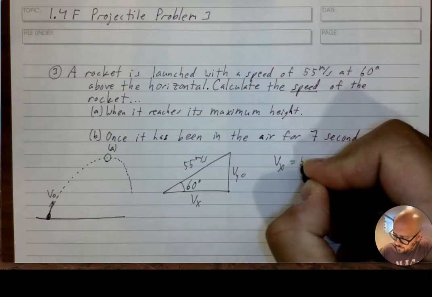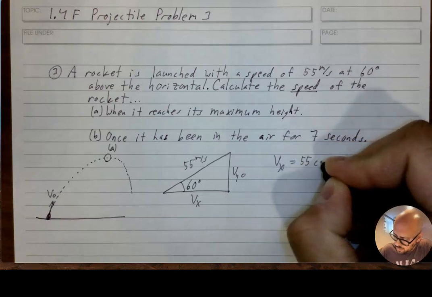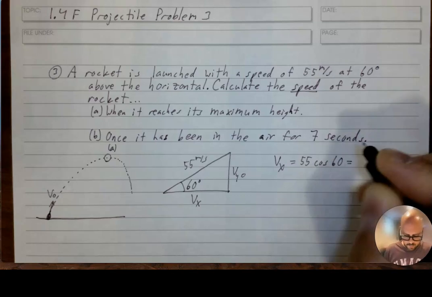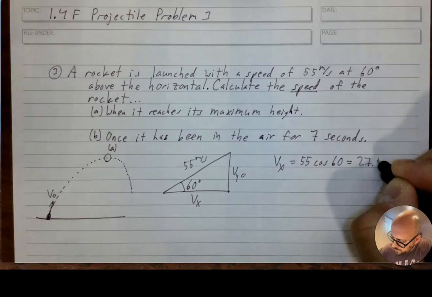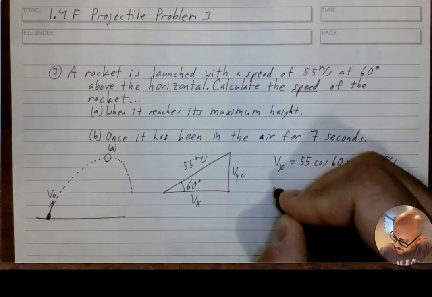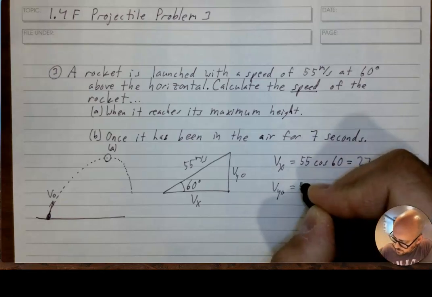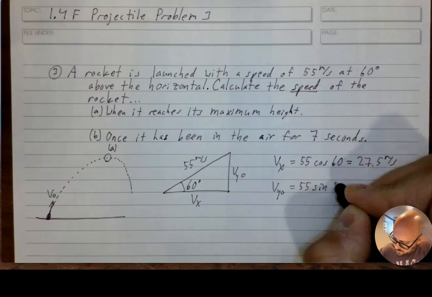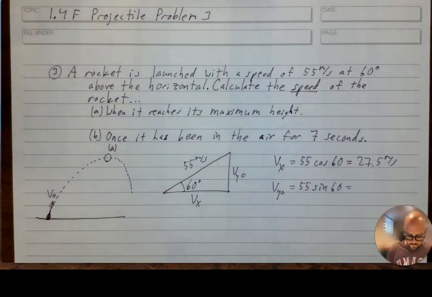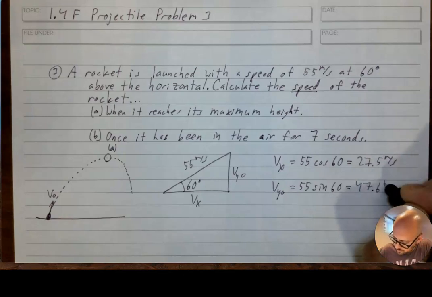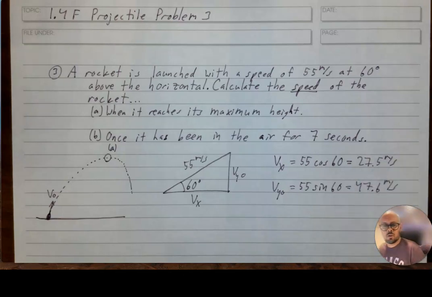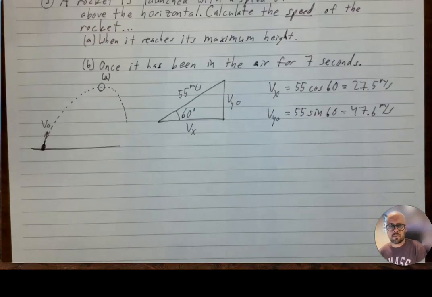Vx is going to be 55 times the cosine of 60, which is 27.5 meters per second. Vy naught is going to be 55 sine 60, and so that's 47.6 meters per second.